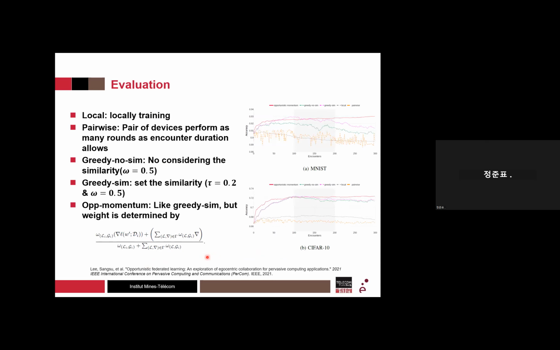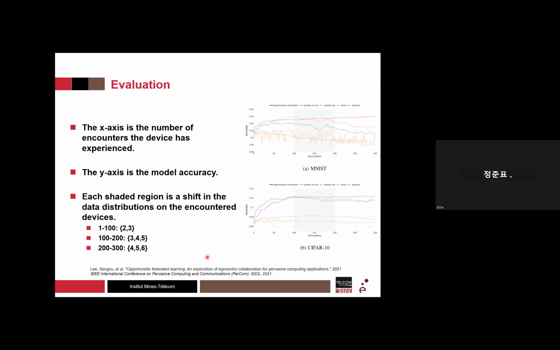They compare their two proposed methods with three other methods, including local training and pairwise penalty. The x-axis is the device, the model accuracy is shown. Each shaded region is a data distribution on encounter devices.